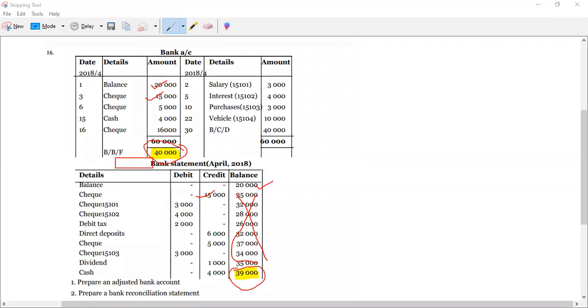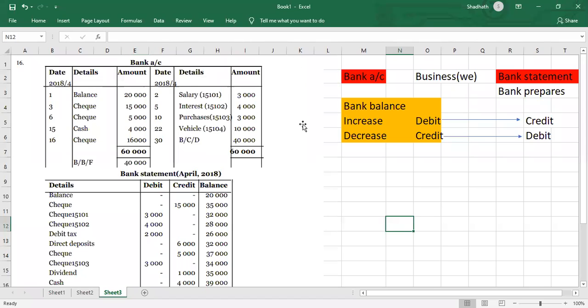Our closing balance is 40, but the closing balance is 39. Opening balances are both 20. There is a 15,000 check. There is a 5,000 check in the credit side. Yes, we can tick.